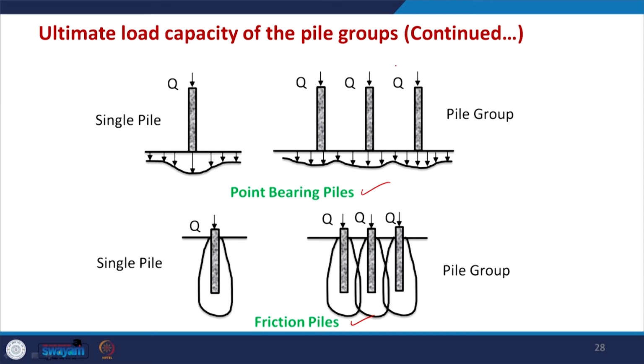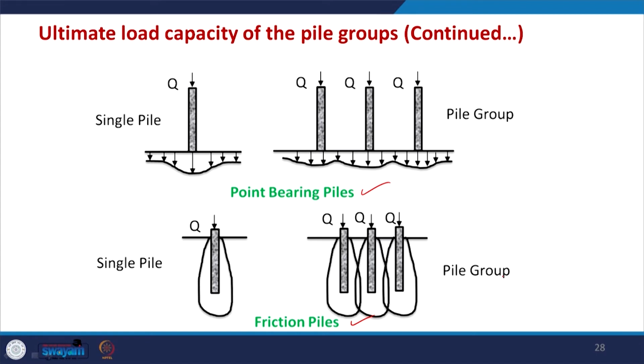So, you have Q for all the 3 piles, and then the stresses will be transferred like this. You can see it was very high here for the single pile, but this is not the case here; rather, the difference between minimum and maximum has reduced, which means the load is transferred through point bearing action.